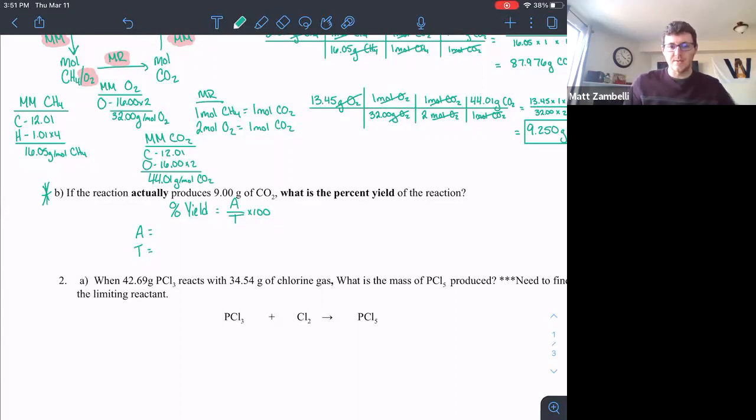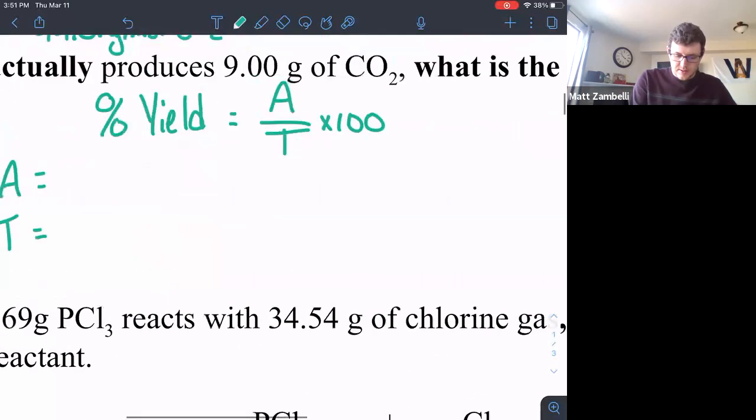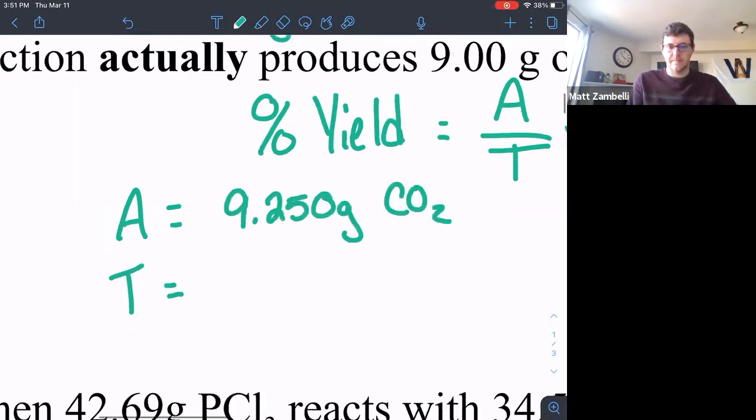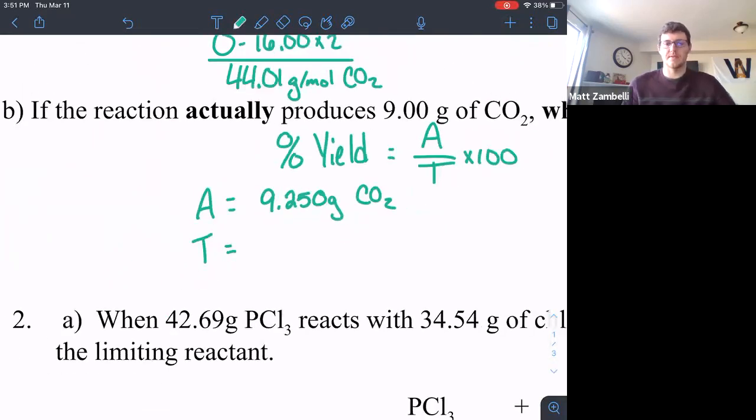All right, my actual yield I heard was 9.250 grams of CO2. Okay, so then what's my theoretical yield? If that's my actual, what's my theoretical?